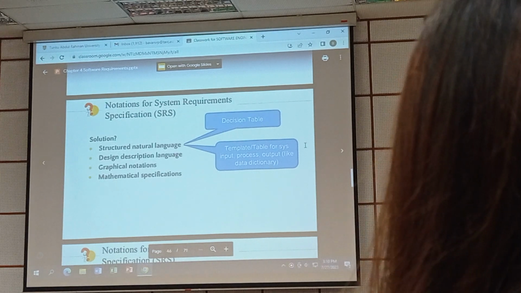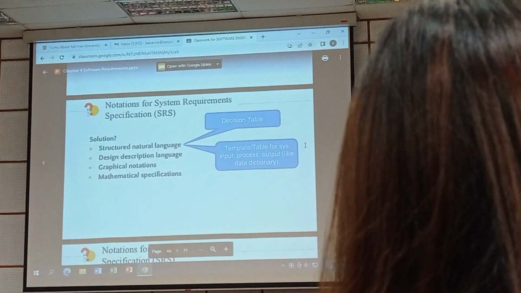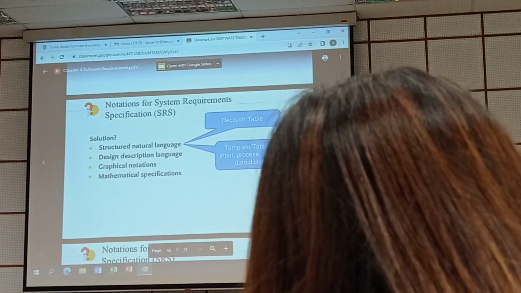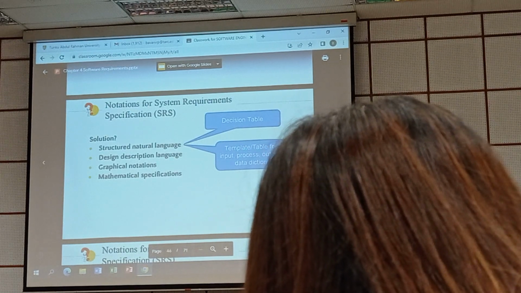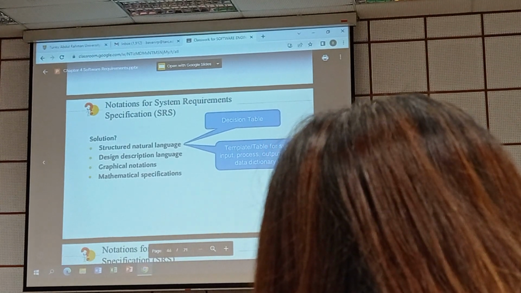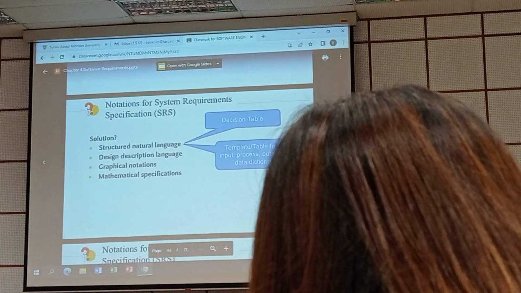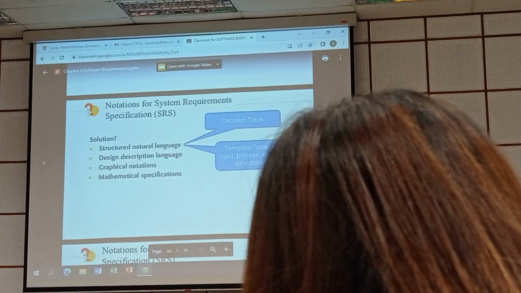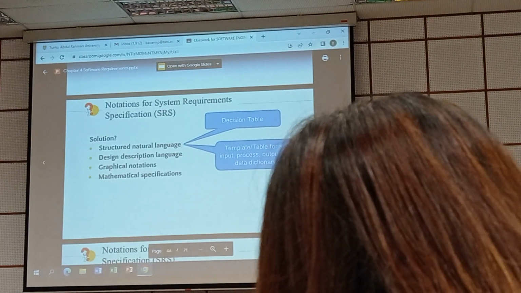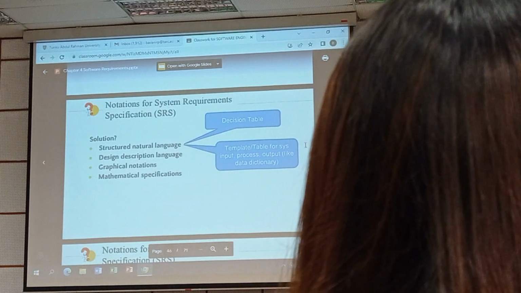The next one is a graphical notation. Class, what is graphical notation? You tell me, when you want to write the code, what is the basic, what is the initial process?